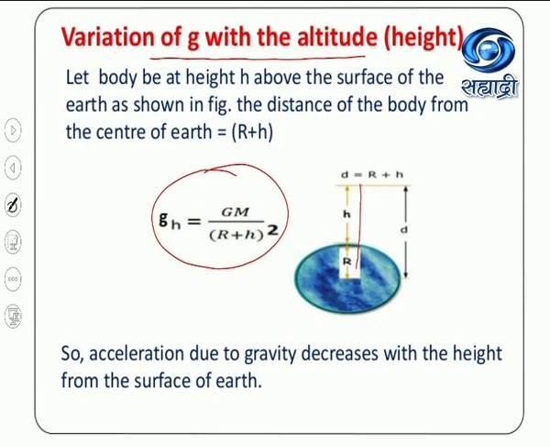At high altitude the acceleration due to gravity decreases, because g is equal to GM upon R plus H. This H is the height, so the distance from the center of Earth to that particular object is changing. As the distance increases, the value of acceleration due to gravity decreases. So acceleration due to gravity decreases with the height from the surface of Earth.